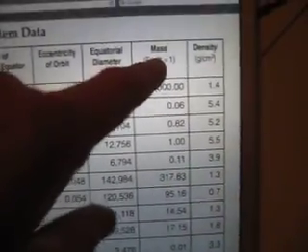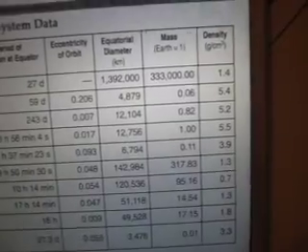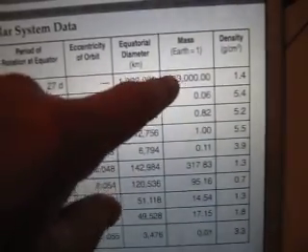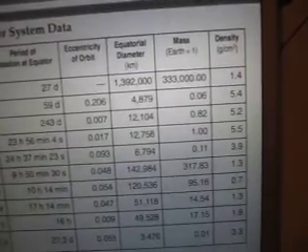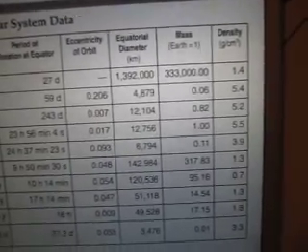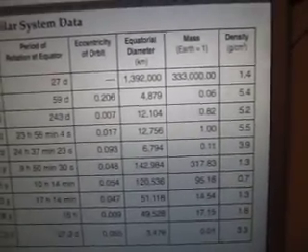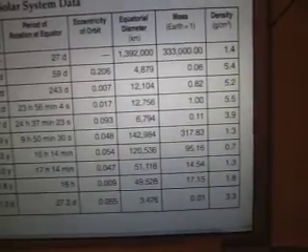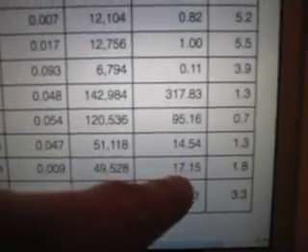Okay, next column is mass, and these numbers, these units here for these numbers, just refer to how many times more or less mass they are than the Earth. For example, let me see. So Neptune, which is right here, has 17.15.